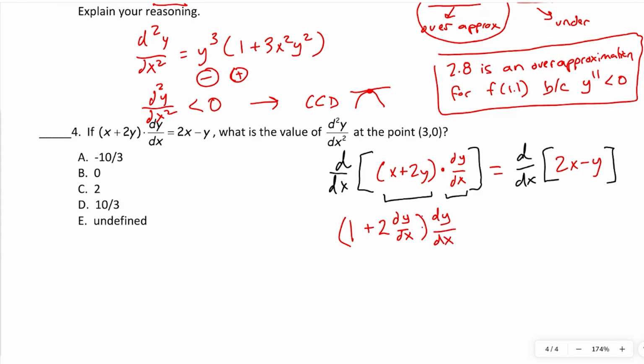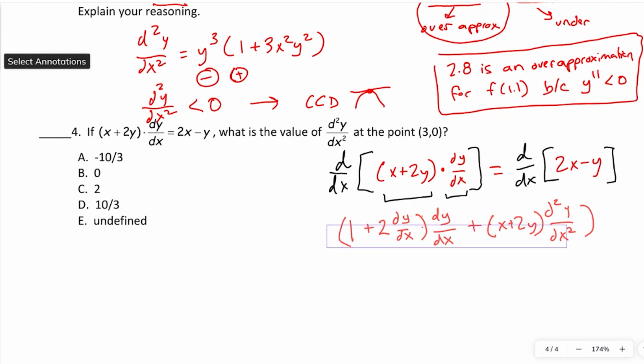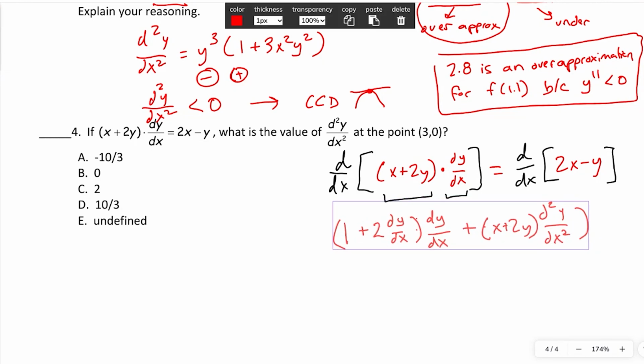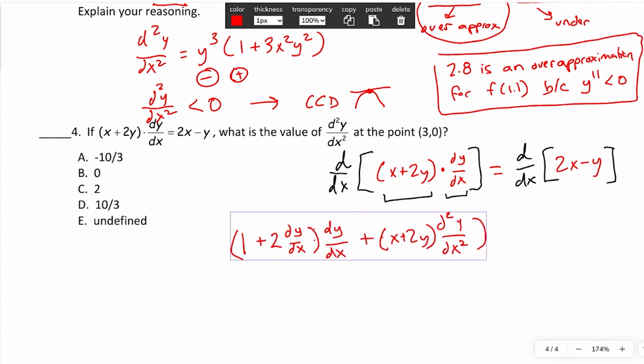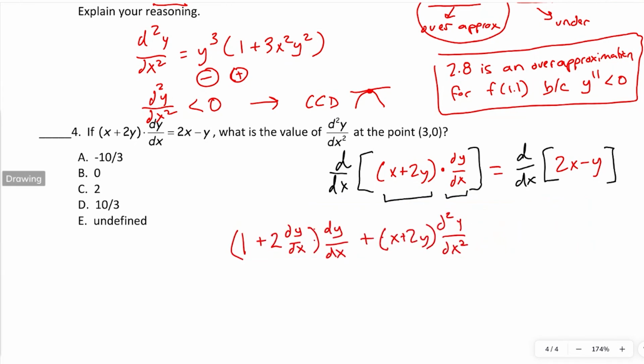Plus the first times the derivative of the second. Okay, so this whole expression here is the derivative of the left-hand side. It looks like I ended up with an extra parenthesis there. Let's get rid of that. And then the derivative of the right-hand side is going to be 2 minus dy/dx.